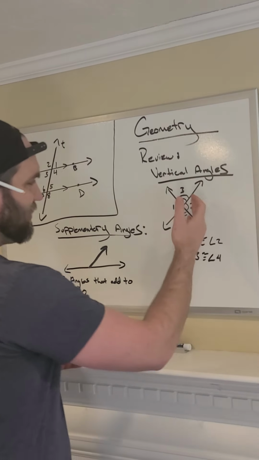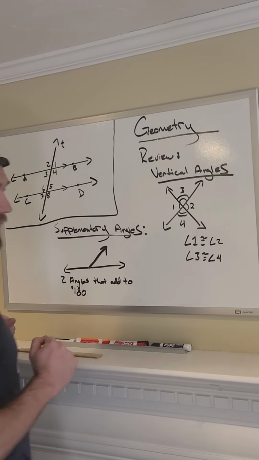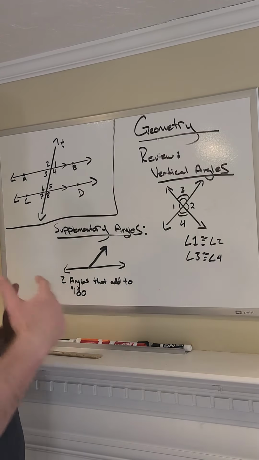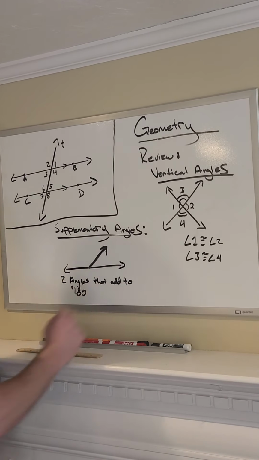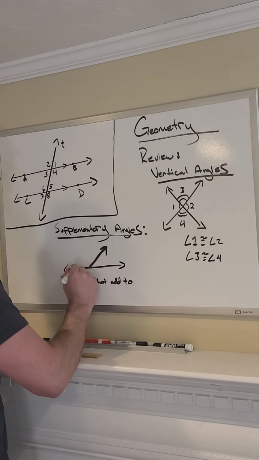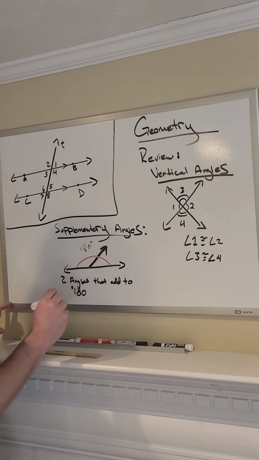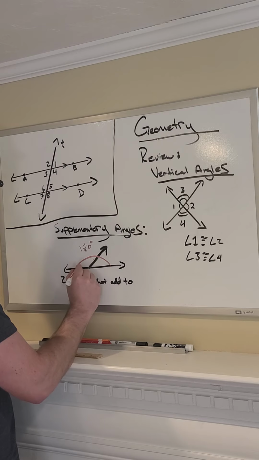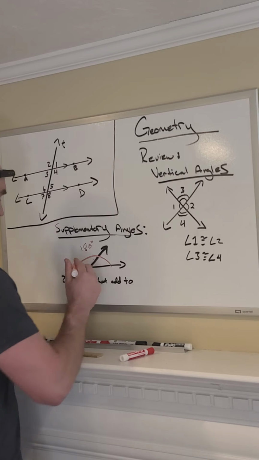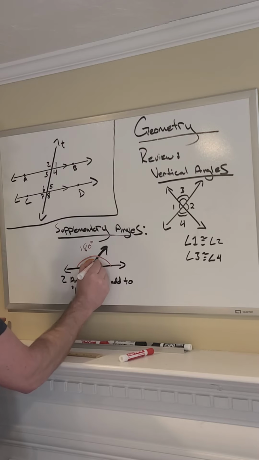Now we're going to move over here and talk about what a supplementary angle is. Supplementary angles are two angles that add up to 180 degrees. 180 degrees is a straight line. So you can see here that this whole thing from here to here is 180 degrees. That means this angle is part of the 180, and this is another part of the 180.